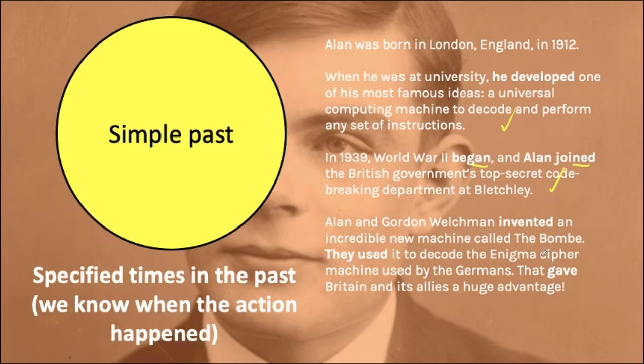That gave Britain and its allies a huge advantage, and that's why they won the war. The code breakers' effort saved many thousands of lives, and we know for a fact that because of Alan Turing's contributions, the war was much shorter.